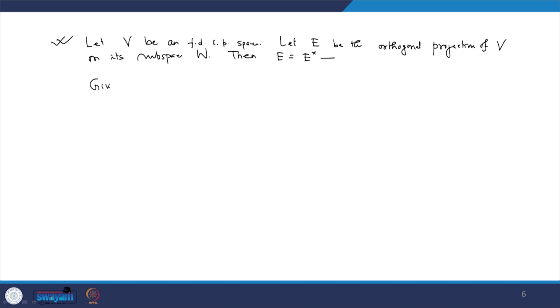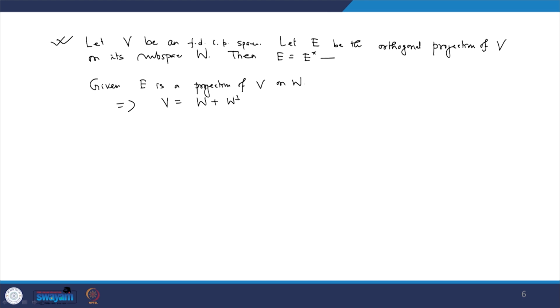Given E is a projection of V, and it is not only a projection, it is the orthogonal projection of V on W. So, this implies I can write V as the direct sum of W plus its orthogonal complement.